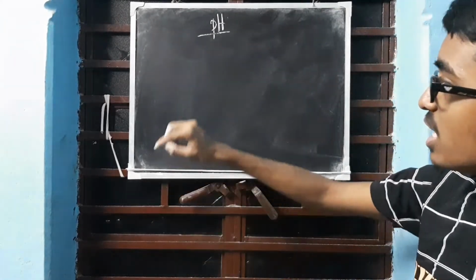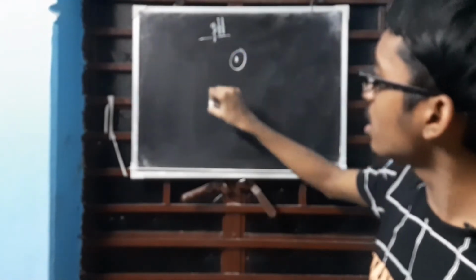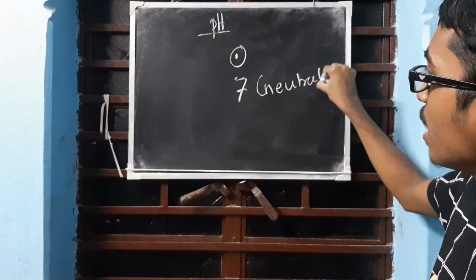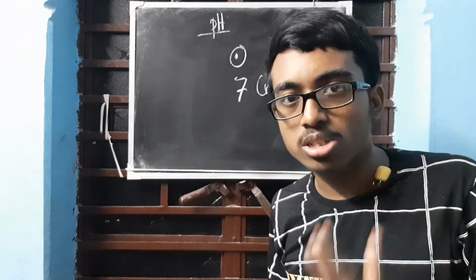Spelling varies in different books. No one will ask you the scientist's name, so don't worry. In that scale, 7 is said to be neutral, and the pH of water is 7, so it is neutral.